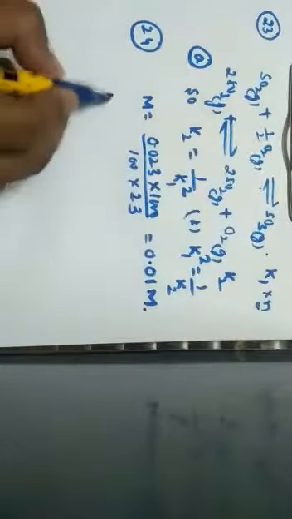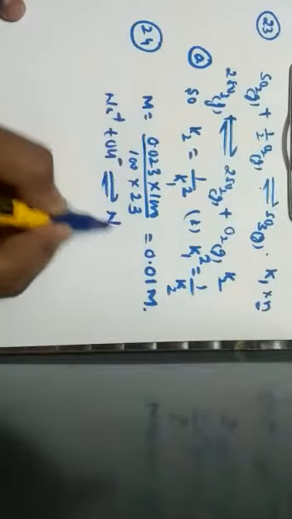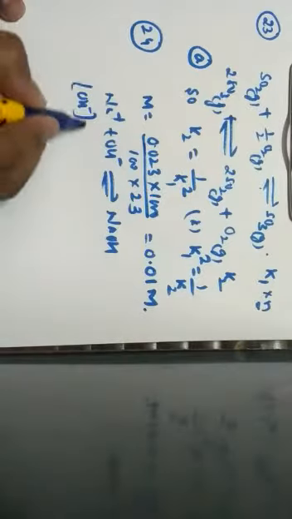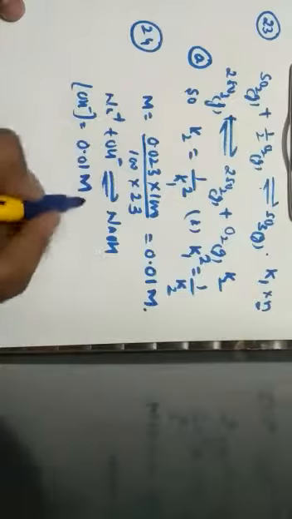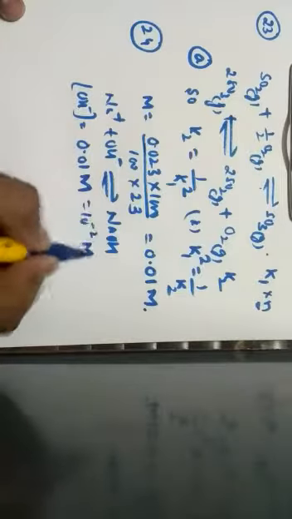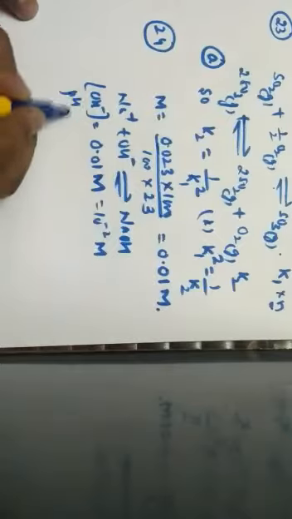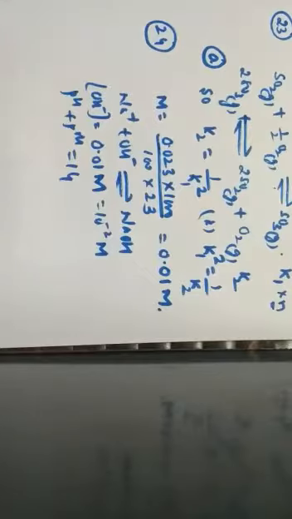Hence this is equivalent to 0.01 molar. So we know that Na plus ion combines with OH minus ion to form NaOH. So the concentration of OH minus ion is again 0.01 molar, that is equal to 10 to the power of minus 2 molar. So we know that pH plus pOH is equal to 14.